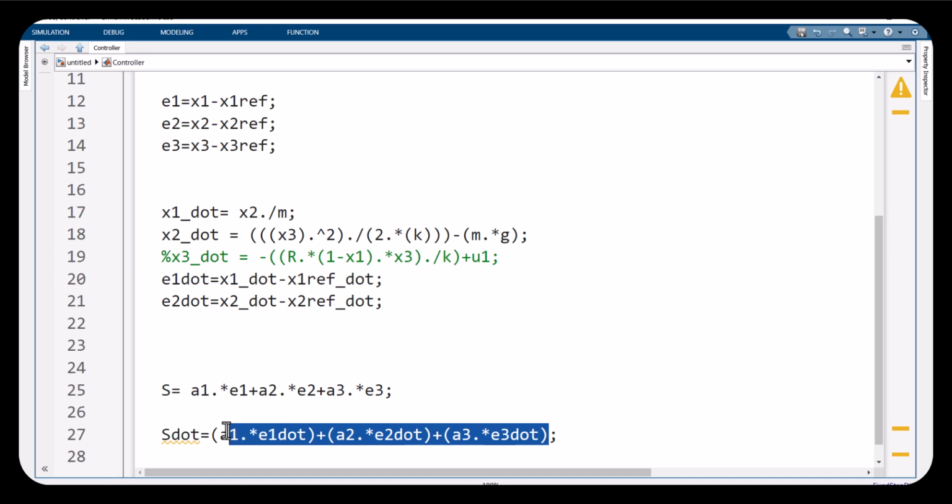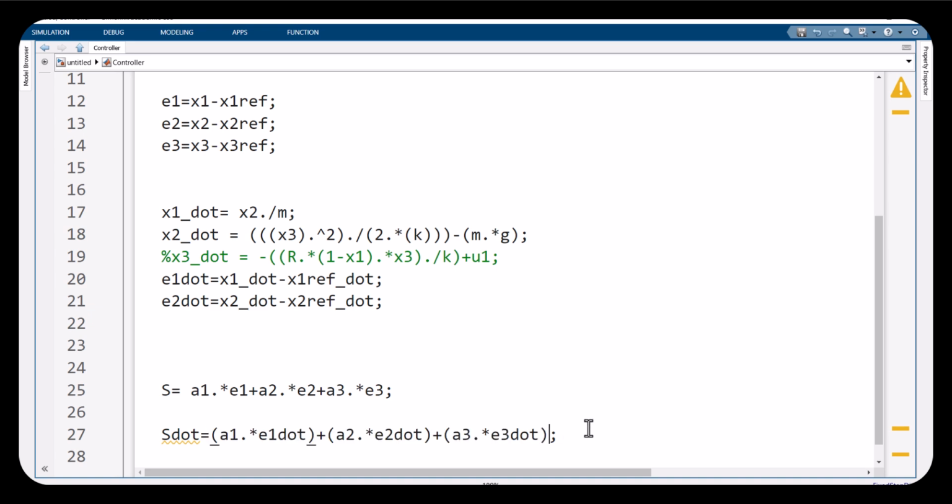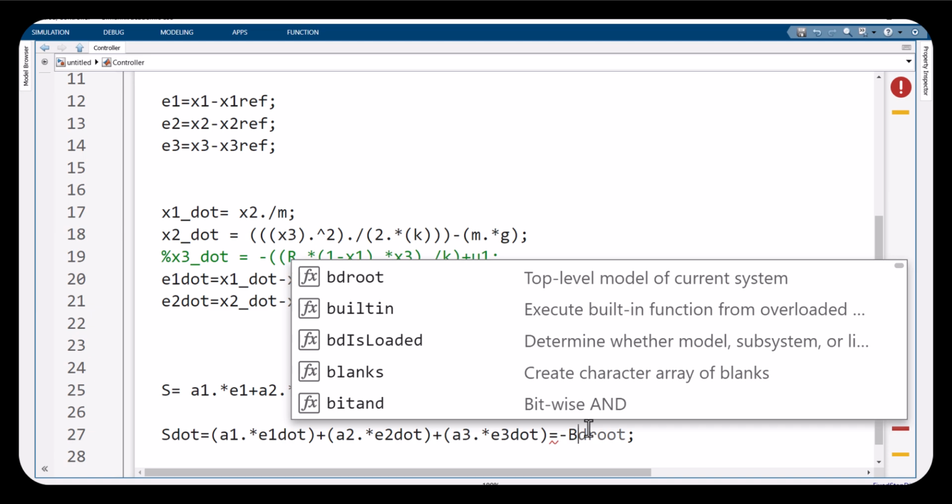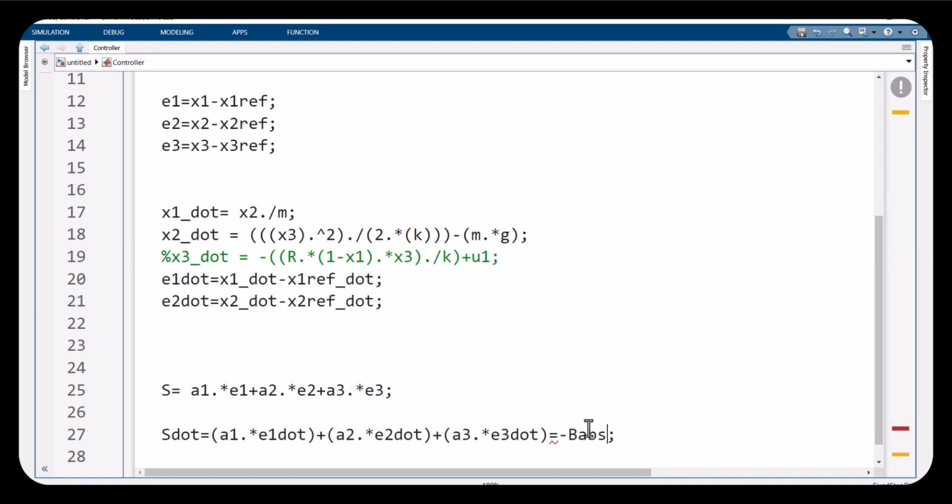So we take the derivative of the sliding surface and equate it to a reaching law of the sliding mode control, that is minus beta times the mode of the sliding surface times the signum of the sliding surface.